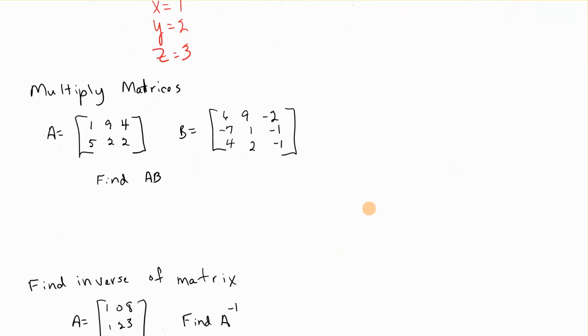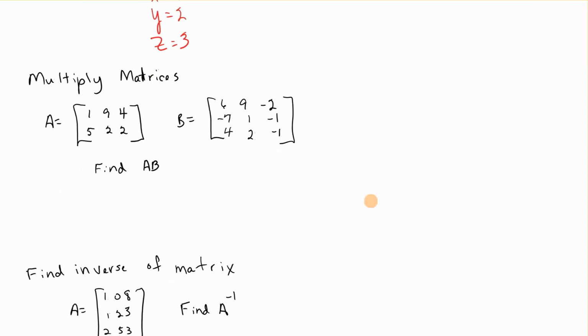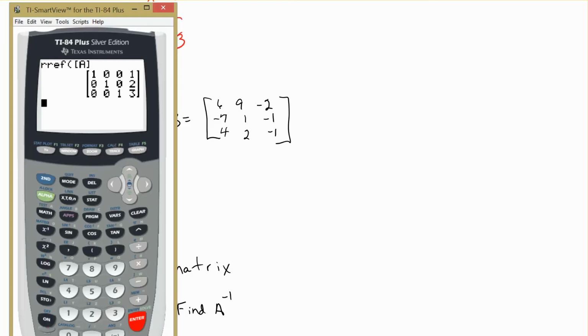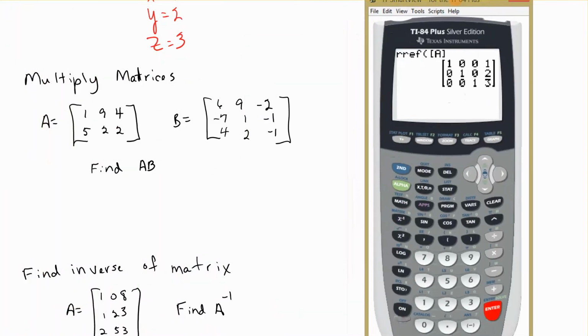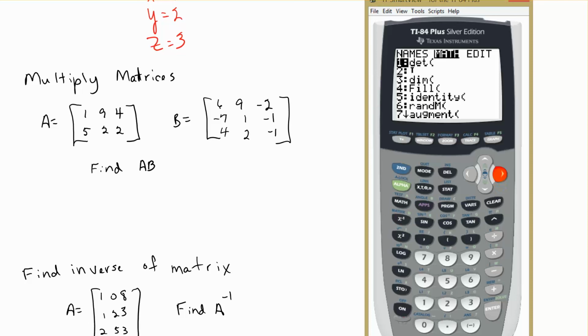All right, multiplying matrices, you're going to go to your calculator and you're going to put them in. Second matrix, we're going to go to edit, enter, and this is a 2 row by 3 column, so 2 by 3, enter, and we would have 1, 9, 4, 5, 2, 2.